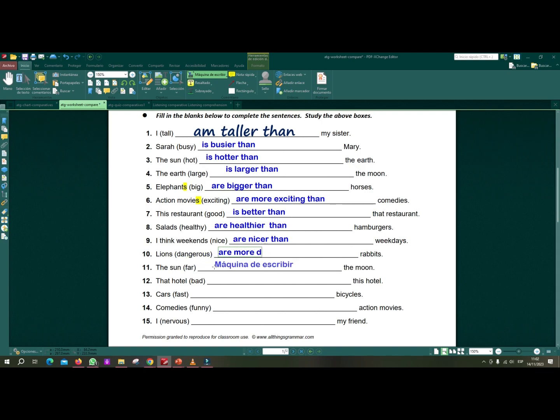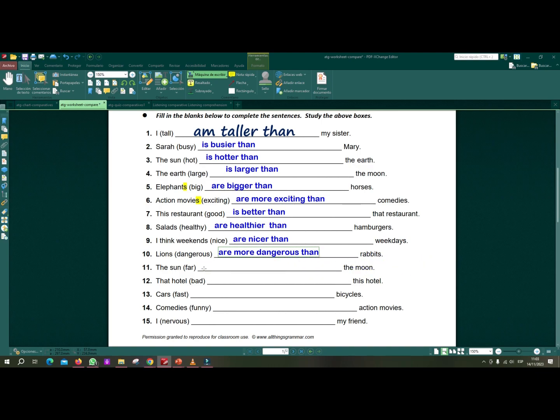So, more dangerous. Yes. Than rabbits. Los leones son más peligrosos que los conejos, ¿verdad? Entonces, como es un adjetivo de 3 sílabas, usted agrega la palabra more, ¿ok? So, are more dangerous than rabbits.